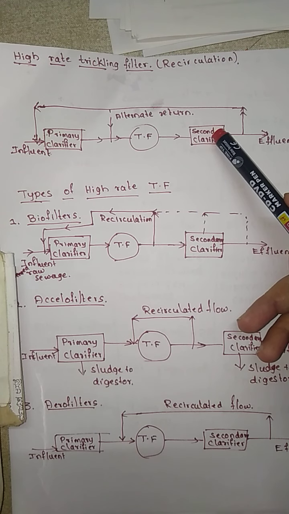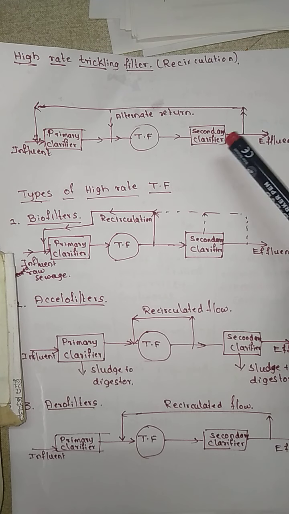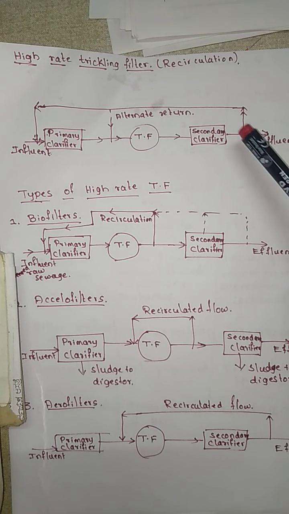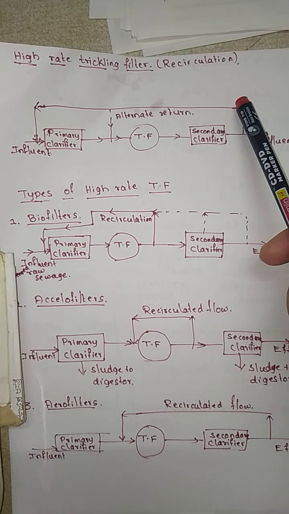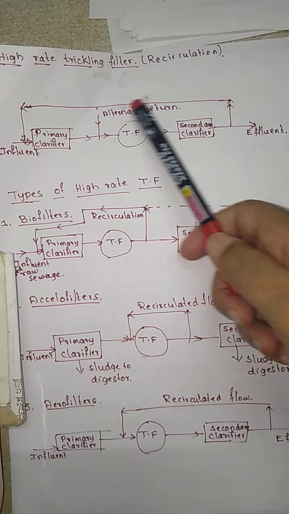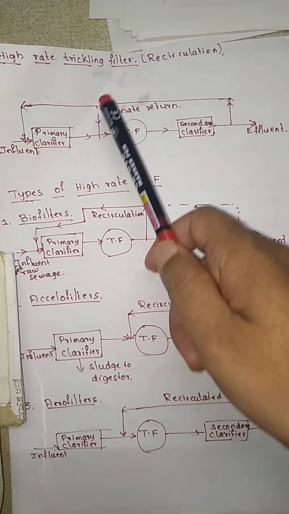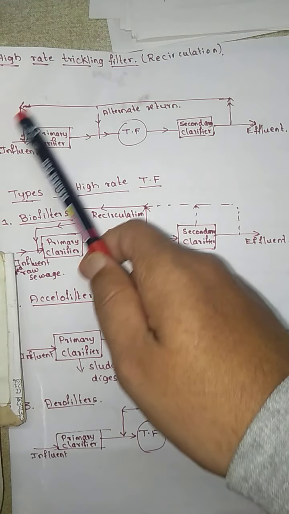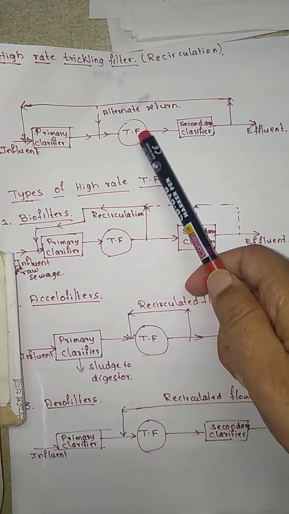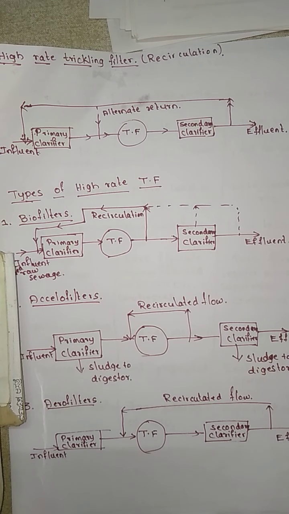Instead, in the normal conventional trickling filter, we used to take the water from the effluent. But here in the high rate trickling filter, the water is recirculated. Either it is sent to the trickling filter and then the secondary clarifier, or it may go again to the primary clarifier, then again to the trickling filter, then again to the secondary clarifier, and then the effluent occurs.